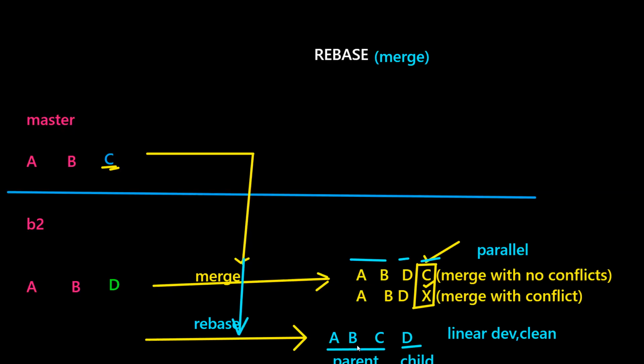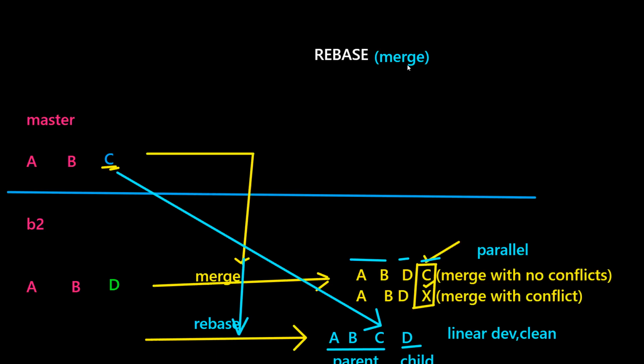Linear means initially it will show all the parent commits, as though it gives you the assumption that you created a branch at this point, not at the B point. So if you want this kind of log history, that's called rewriting log history, which is called rebase.